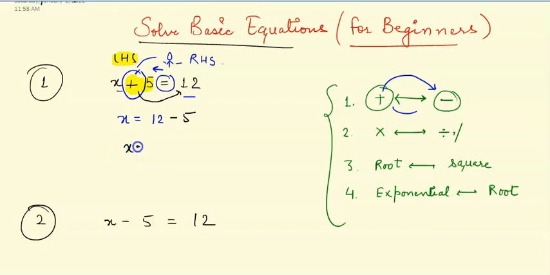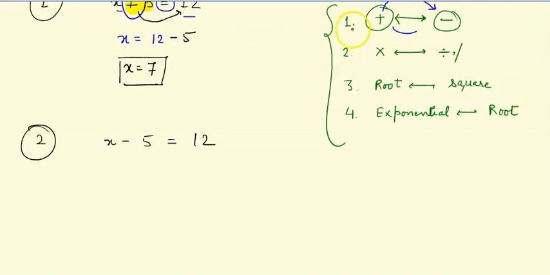So clearly x equals 12 minus 5, that is 7. So we can easily find that x equals 7 by using rule number 1, or trick number 1.